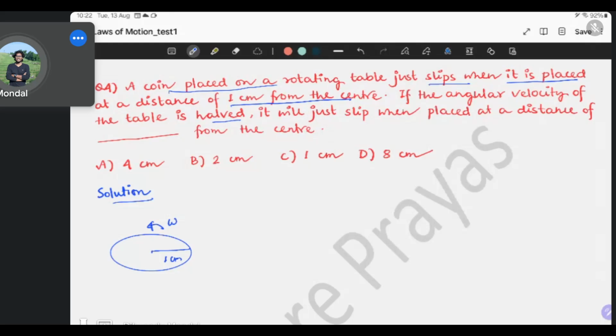It slips when the force due to friction, mu mg, equals the centripetal force, m omega square r. If you do this, it becomes mu g equals omega square r.